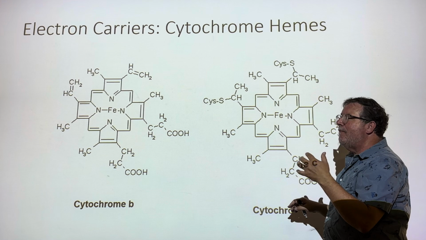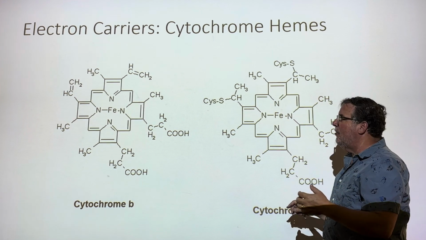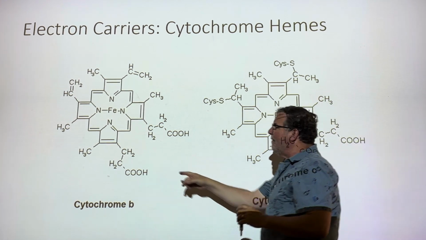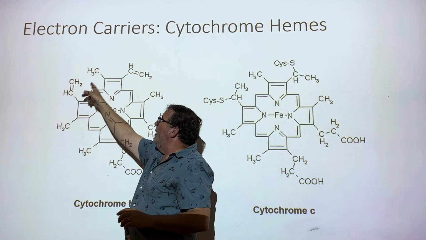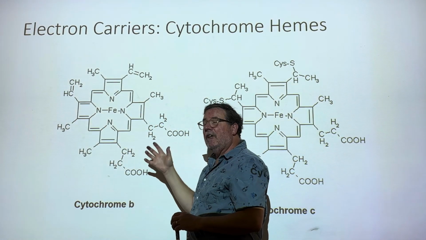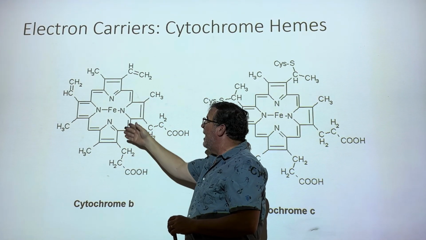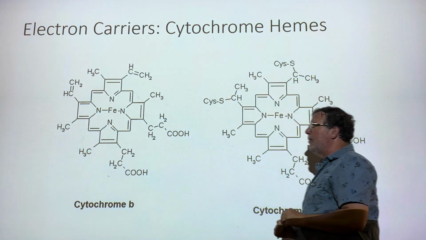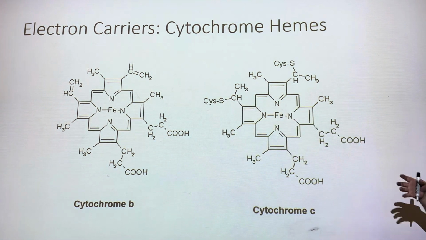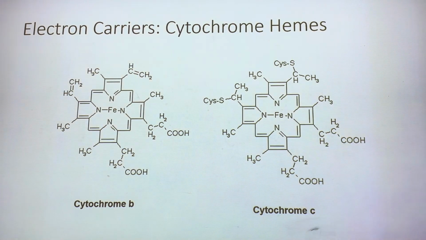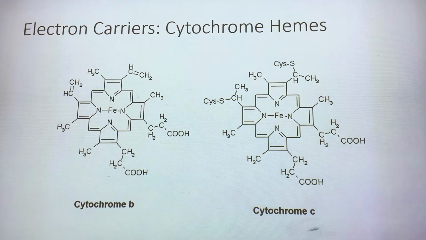So like the B560 versus the B562, that represents specific structures with slightly different substitutions around here, and they're going to have slightly different redox potentials. These redox potentials are basically tuned for the energetics that are required for the transport of electrons through the system.